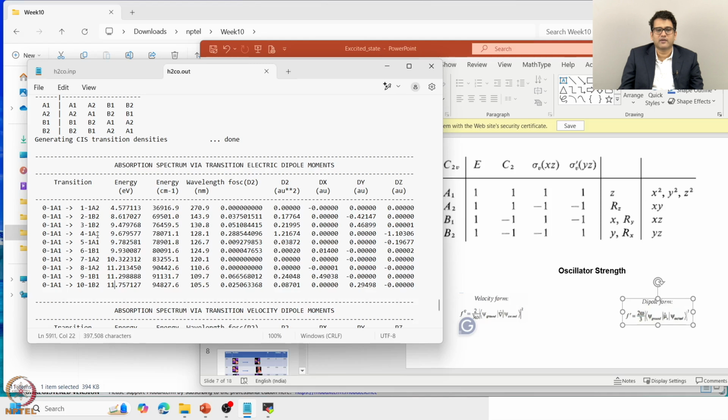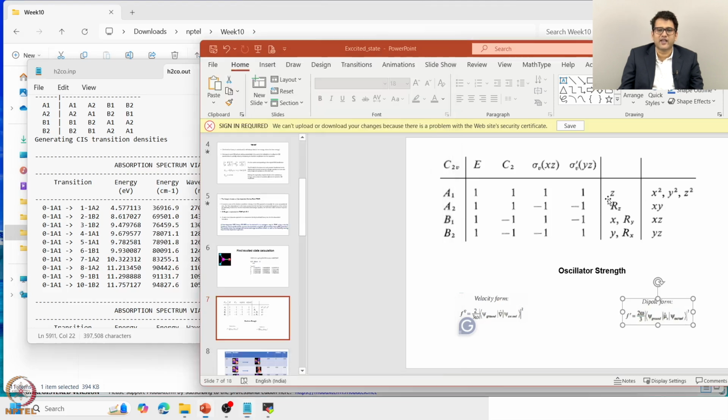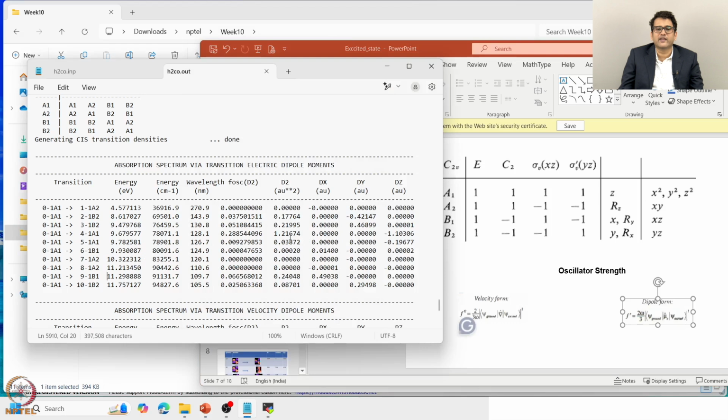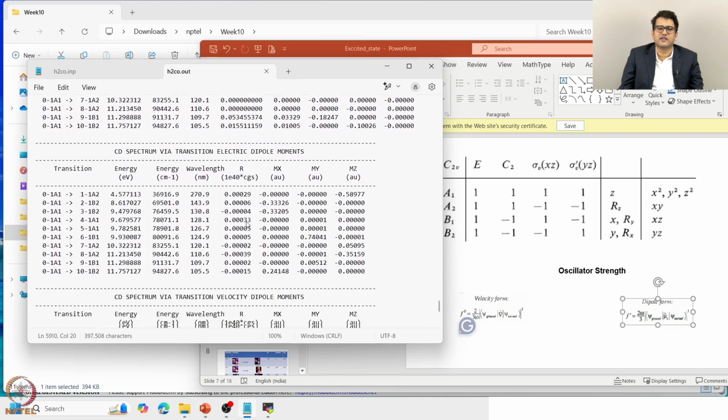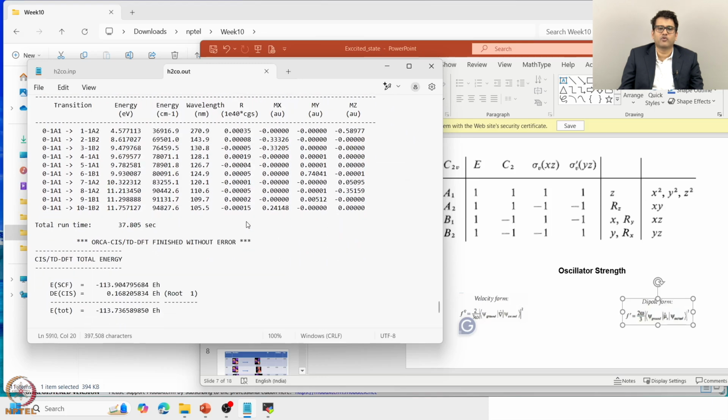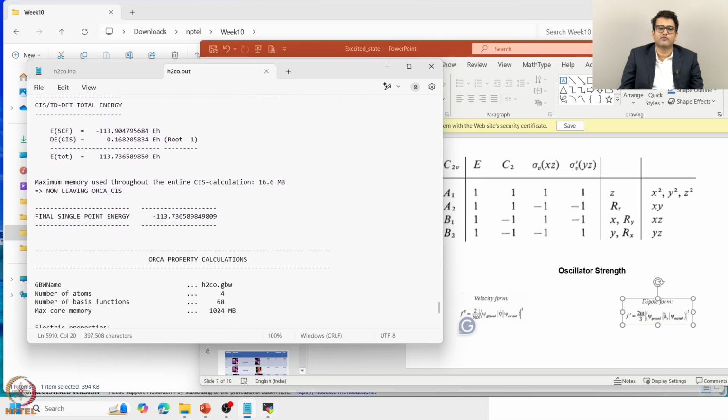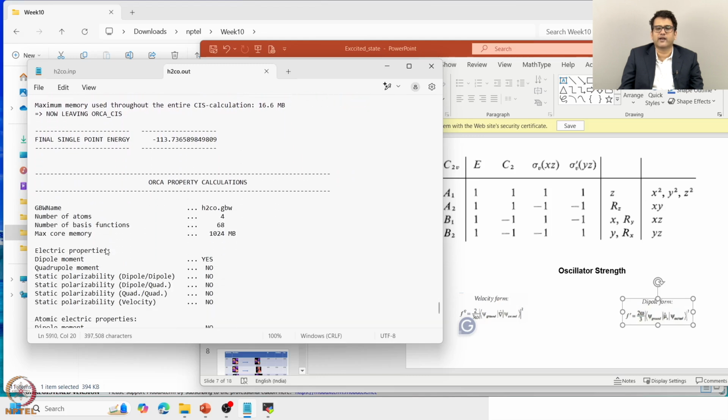For 1 A1, the ground and excited states are both 1 A1, so the transition dipole moment will be along the direction which transforms along 1 A1, and this is z. So, in this case the z component has a non-zero transition dipole moment, and that is what leads to oscillator strength for these 3 modes, where the first excited state will not have any oscillator strength. Similarly, you can get the CD spectrum out of it in both formalisms, and this gives you the timing and all other data.